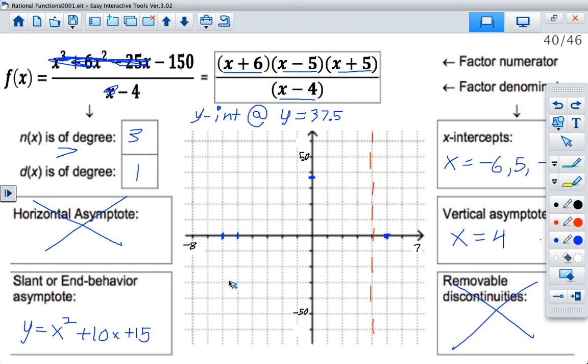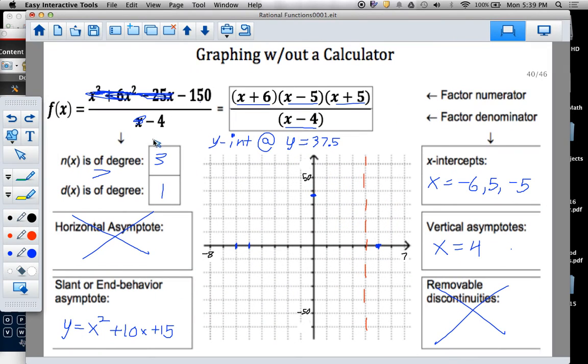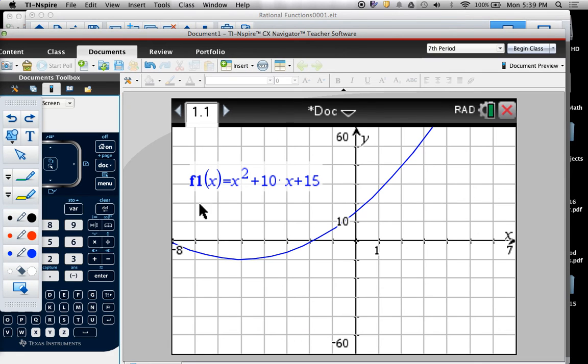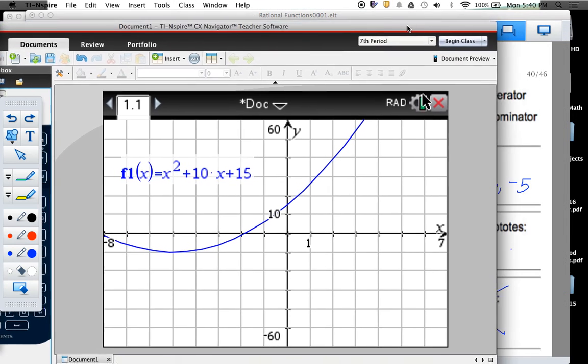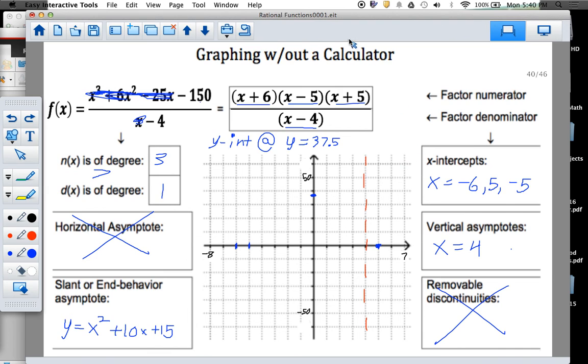Okay, so let's look at our graph that I graphed. So here we go. Here's our graph, and it looks like this. Okay, so we're going to have an intercept here, here, and it's going to kind of go like this. Okay, let's see if I can duplicate it super quickly.